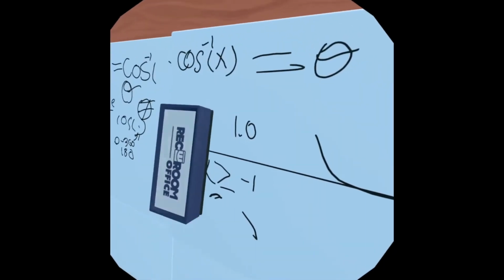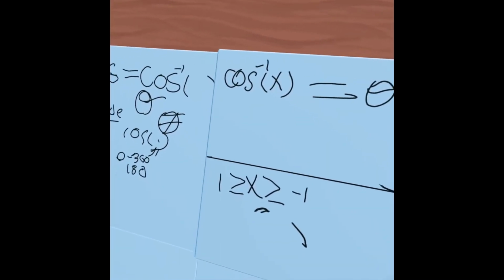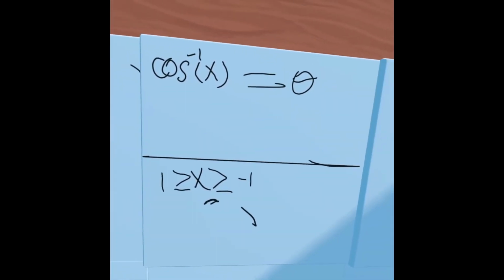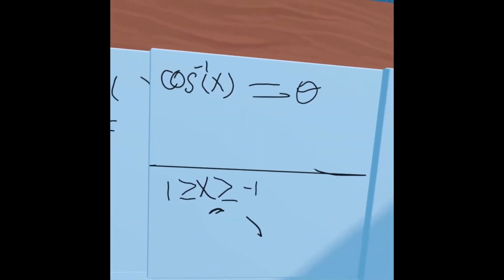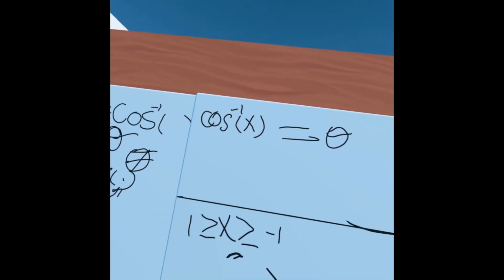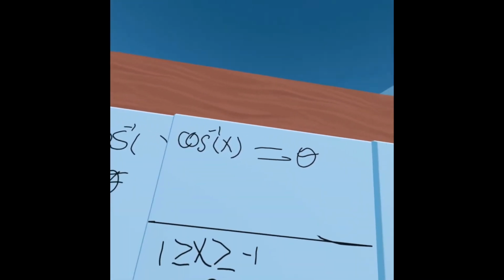I'll go more in depth on that another time. Pretty much, we know that x can be less than or equal to 1 and greater than or equal to -1.